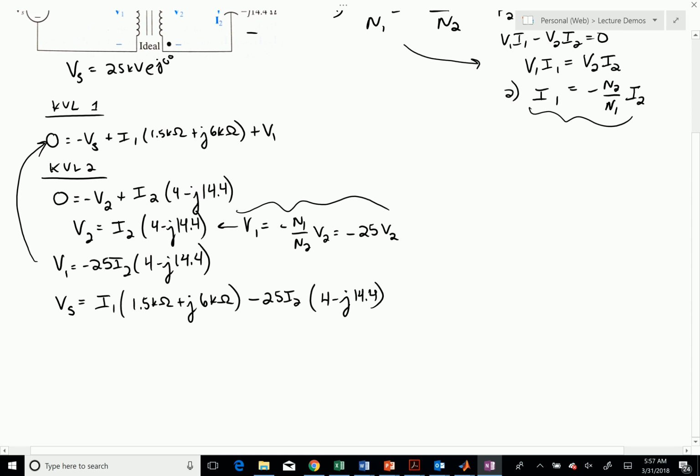Now, what do I do next? Well, again, now I've got two currents in there, just like I did before. I don't like that. I want to get one current, then I can solve it. What do I know? Well, I know that I2 has to be equal to negative N1 over N2 times I1, right?